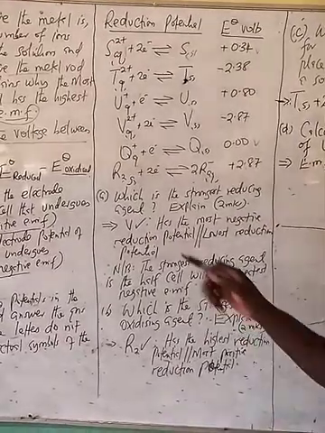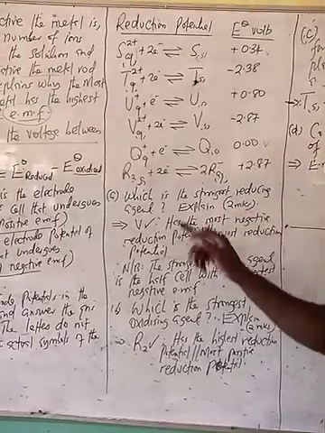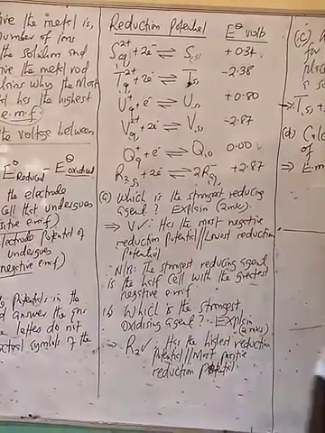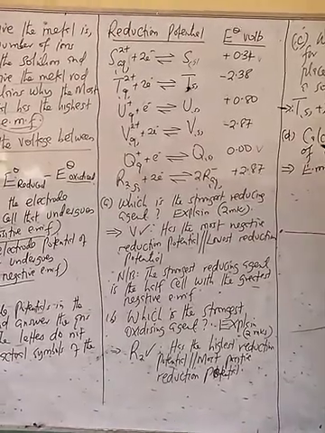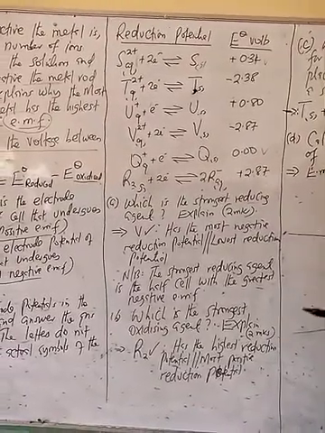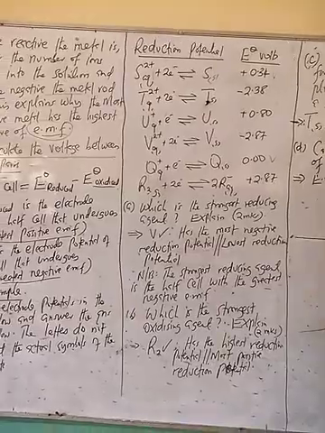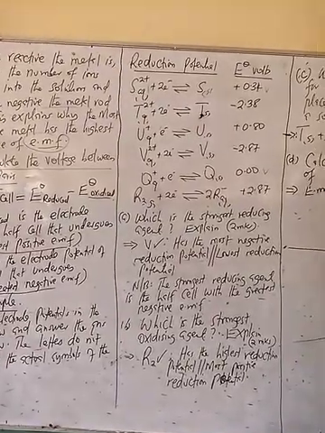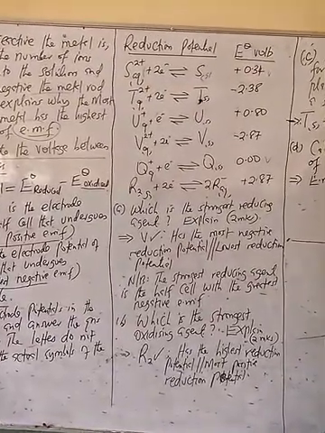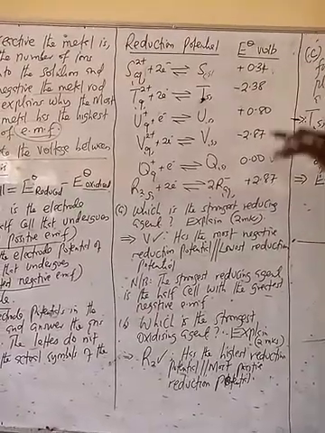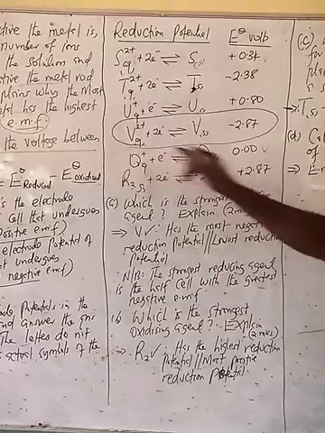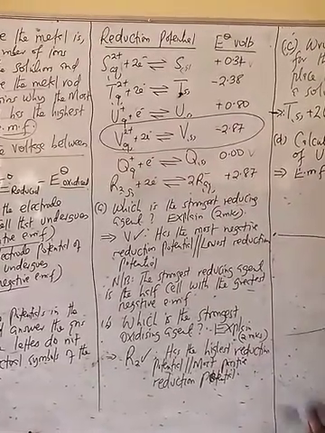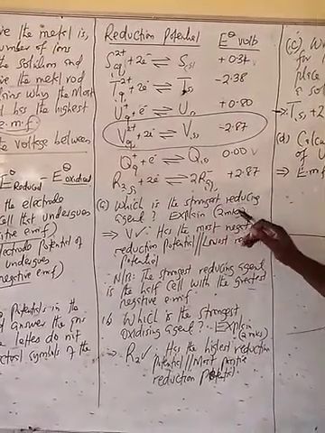So if you are asked, which is the strongest reducing agent? Explain. The strongest reducing agent is the half cell with the greatest negative value. If you look at these half cells, we land at this one, with the greatest negative EMF. Then you ask yourself, what's a reducing agent?